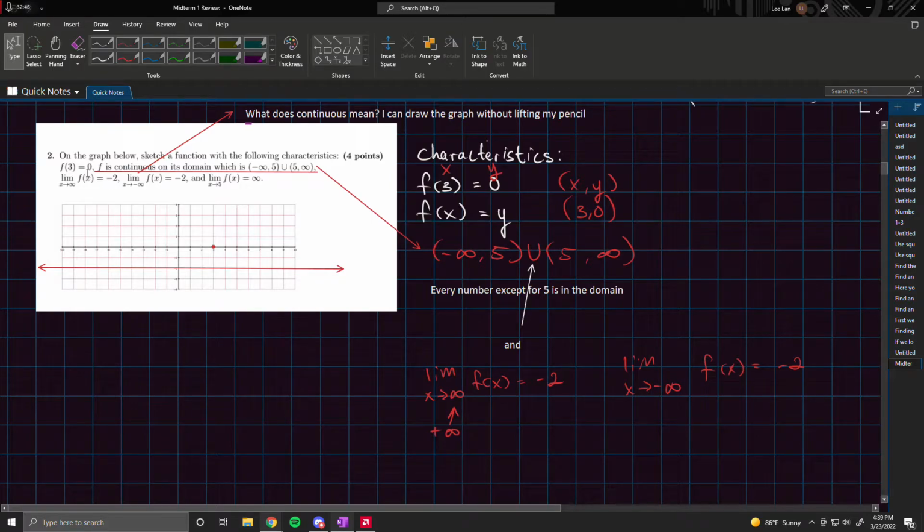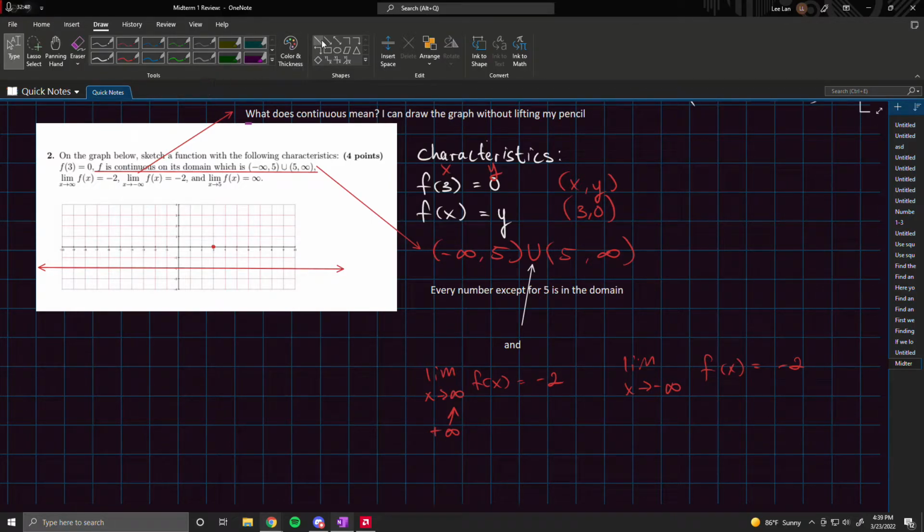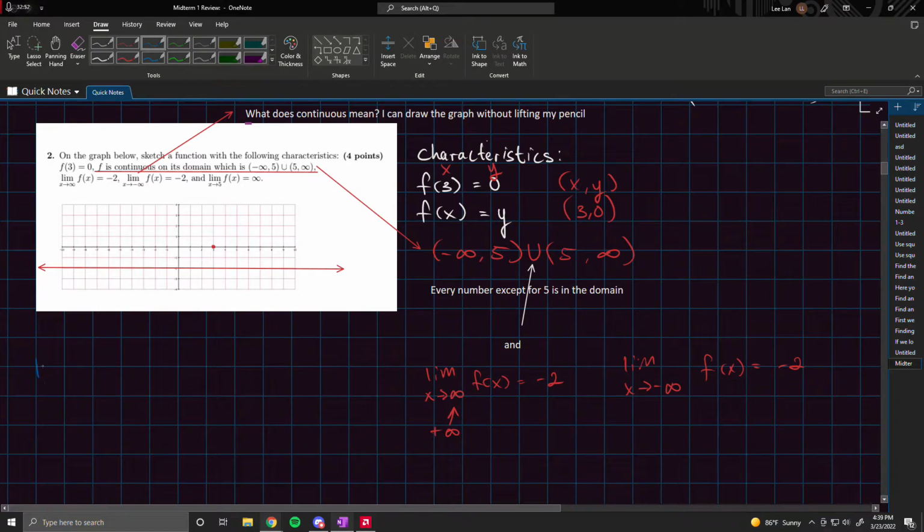Let me see. So this one's done, this one's done. Okay. The last one is limit as x approaches 5 is positive infinity. So what does this mean? Well, if I plug in 5, I get a very large number. Well, not 5, because I think 5 is not defined.